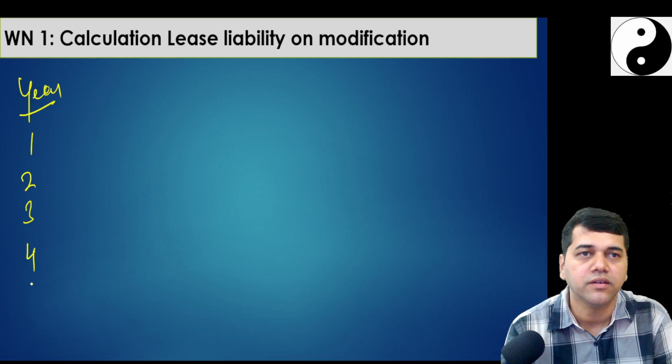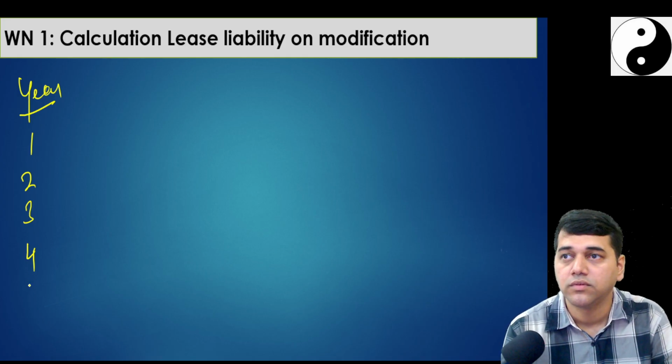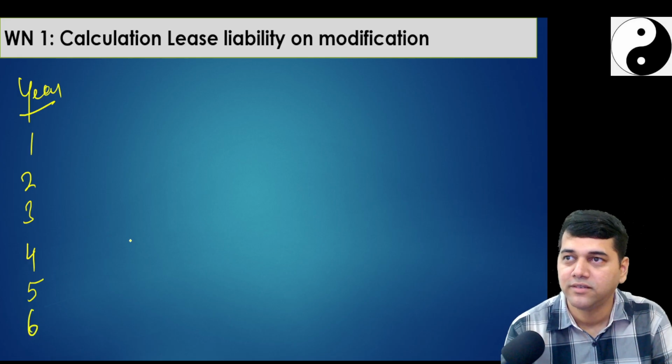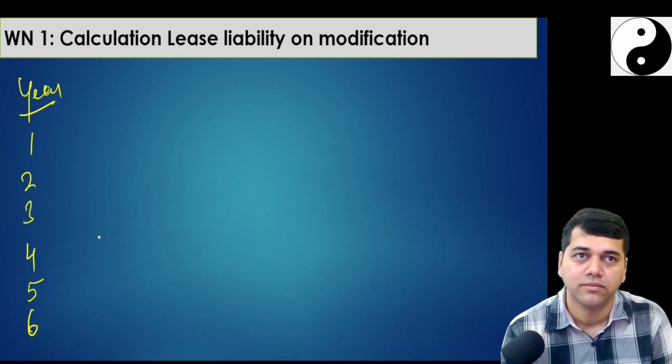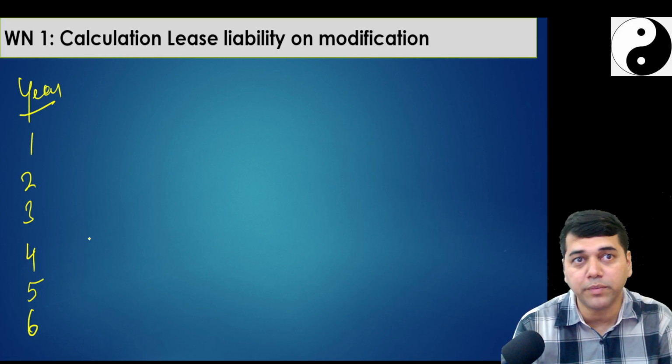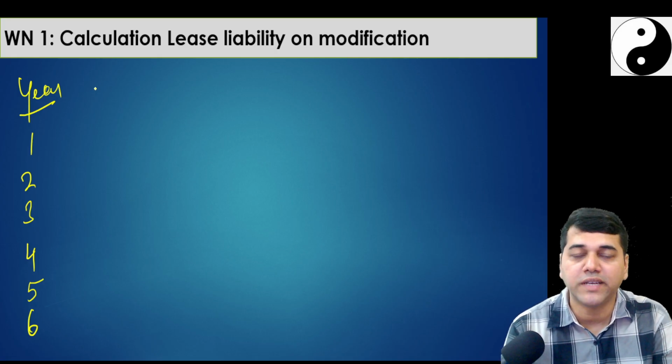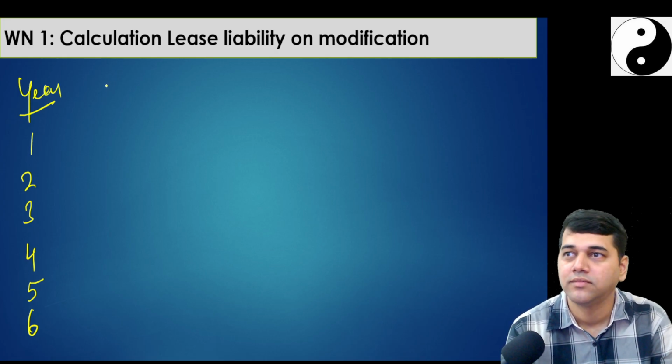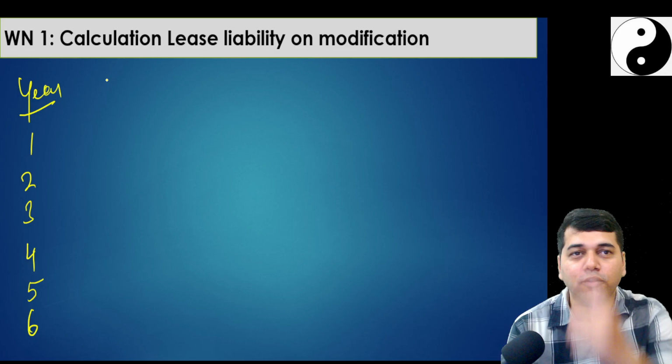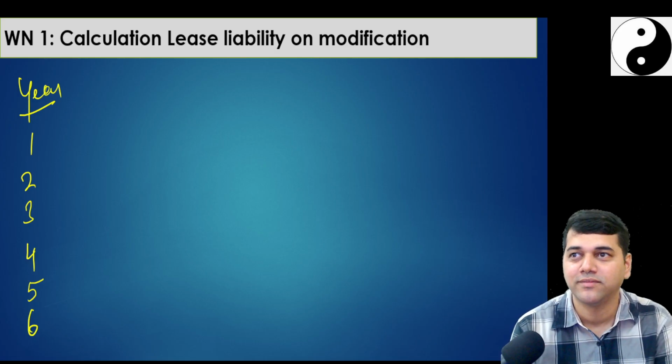How many years should I put? 5 should I put? 6, 7? No. At the beginning of the 7th year, the lease rent you are paying is at the end of the first year. What is my next column? Cash flow. That we already calculated in the previous step.